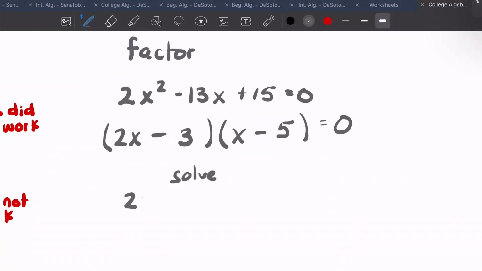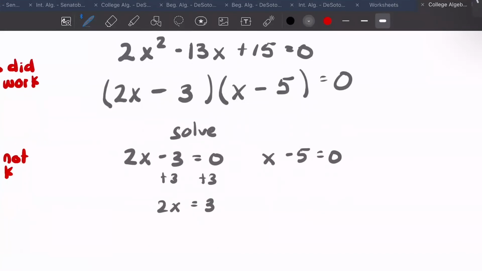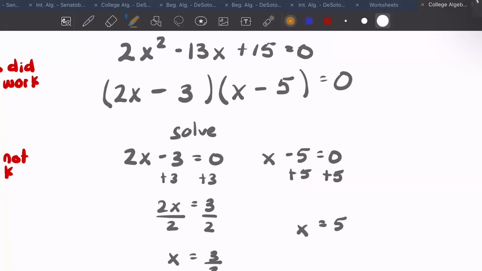So I have 2x minus 3 equals 0. X minus 5 equals 0. Add 3. Divide by 2. X equals 3/2 and x equals +5. So I found my other zeros.